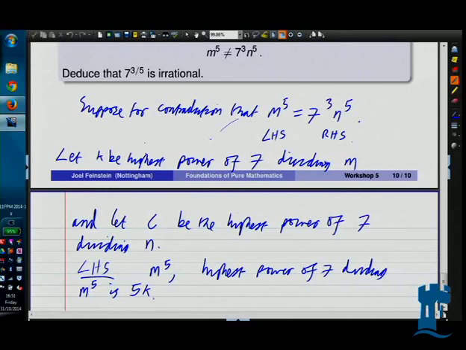For the right-hand side, so for N to the 5th, the highest power of 7 would be 5L.